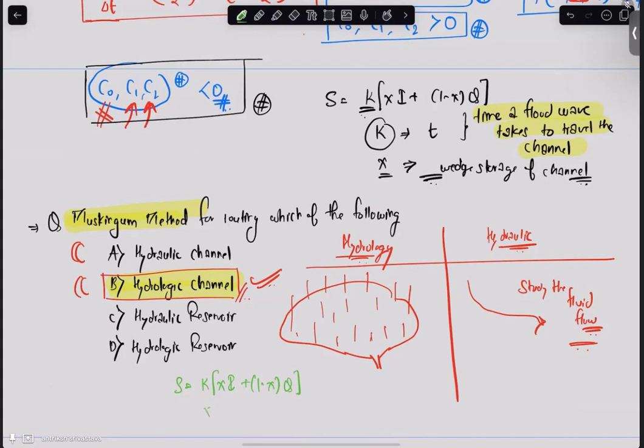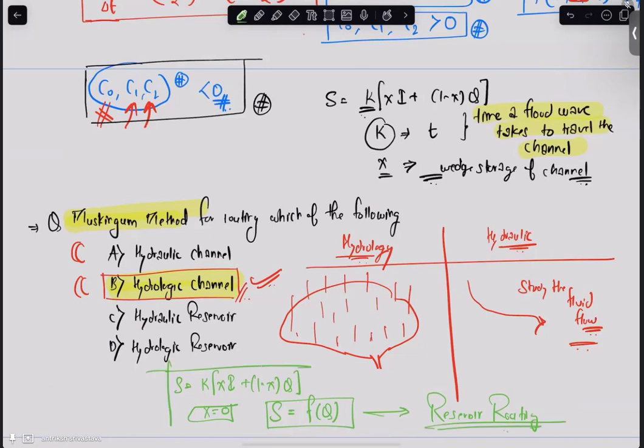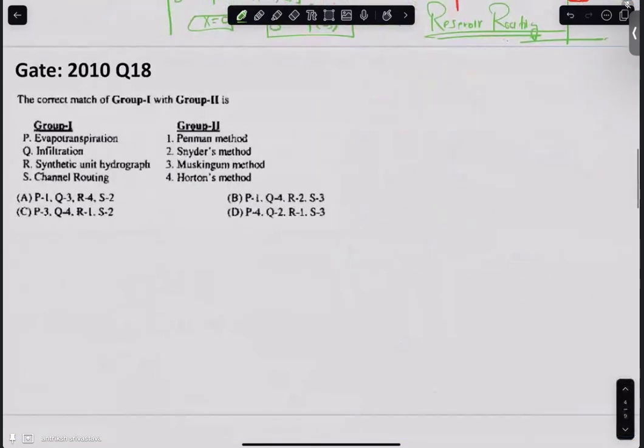Here, when x is equal to 0, then the storage becomes solely a function of the outflow, and that we call reservoir routing. All right, just a one-liner question that can be asked. A very simple one like that. Okay, let's go to the next question.